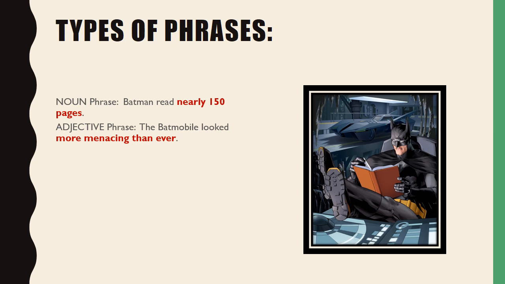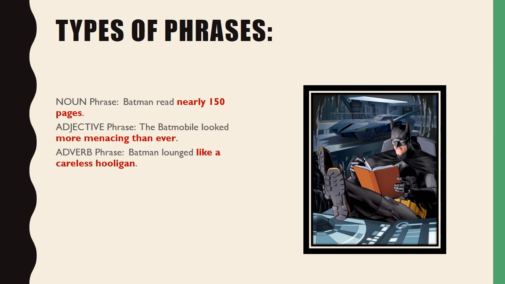In this case, it's a phrase, right? It's 4 words rather than 1, and all 4 words together are functioning to describe the Batmobile. But again, if I were to just say more menacing than ever, that is not a complete sentence. You can't say that and make much sense. You have to have the Batmobile looked there to make it a complete sentence.